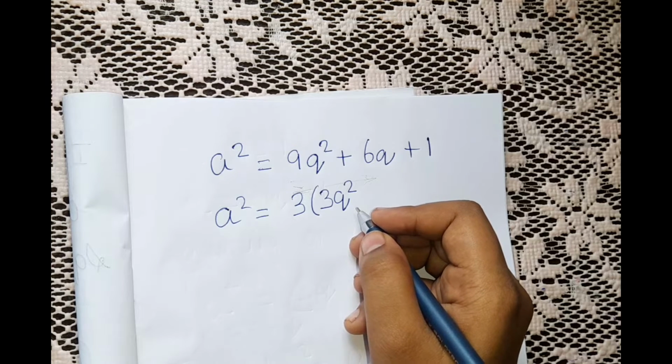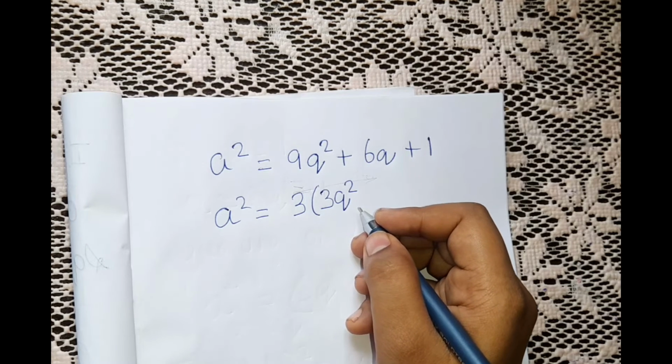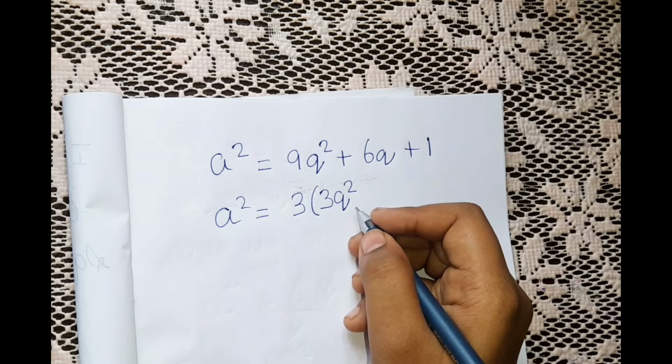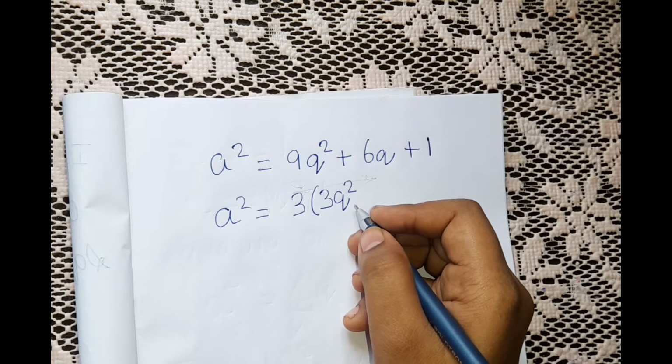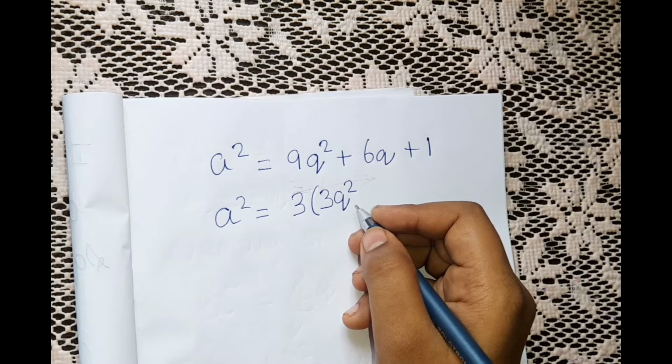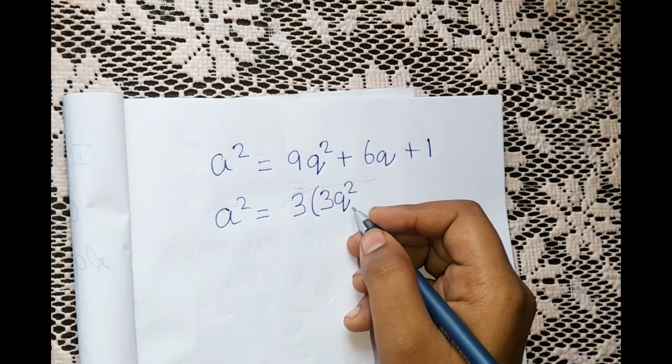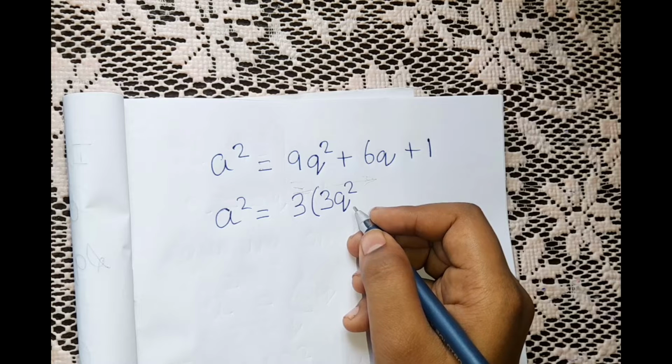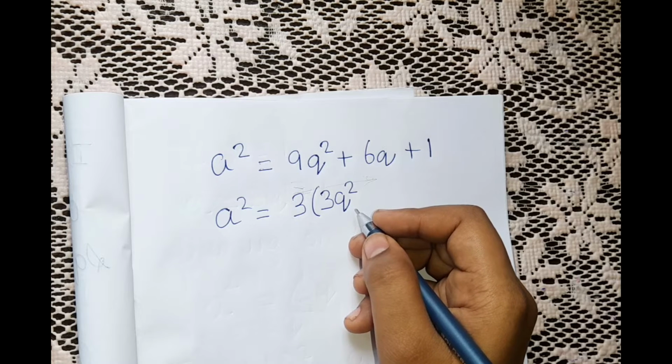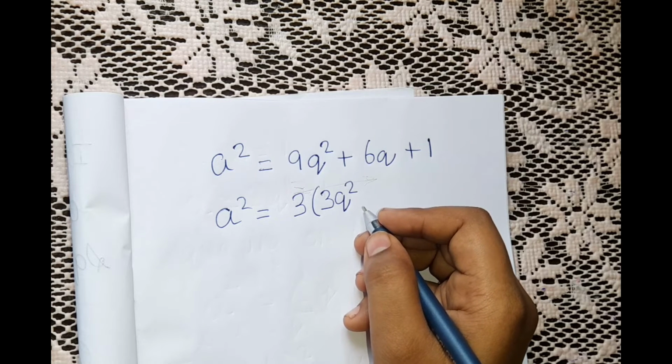Because after getting the form 3q or 3q plus 1 or 3q plus 2, we have to square it. After squaring it, we have to rewrite it in the form 3m or 3m plus 1. It is in the hint; you can read that hint properly. So for rewriting it, we have to split it, then only can we find it.